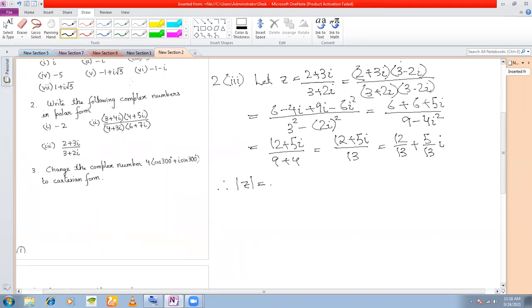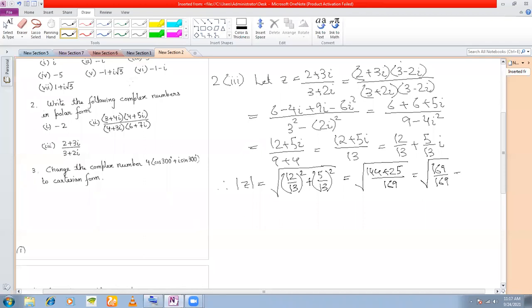So therefore, what should be the modulus of z? Mod z is equal to square root of the real part square plus the imaginary part square. This is equal to square root of (144 plus 25) divided by 169, which is equal to square root of 169 by 169, which is equal to 1.